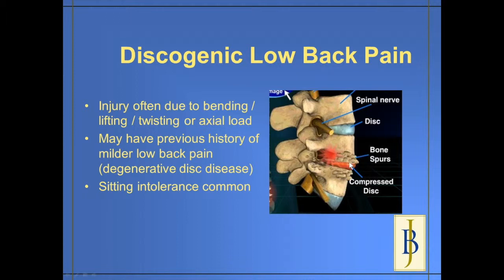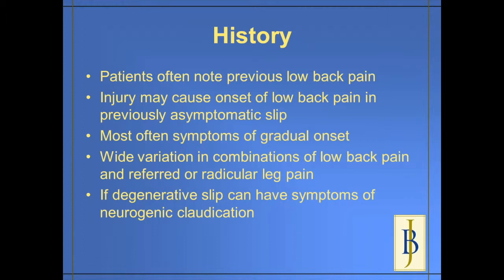When this happens, you have bone spurs, the disc is compressed. Sometimes those bone spurs can press on that nerve, or when that disc space becomes more narrow, that nerve opening gets smaller as well.